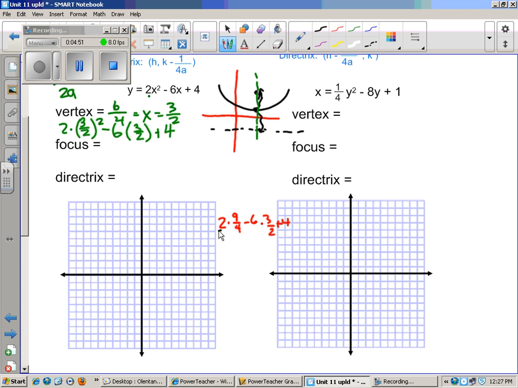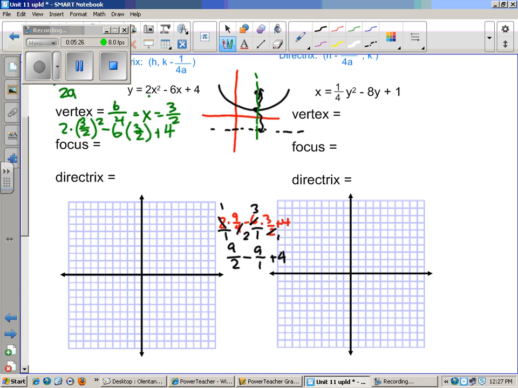I'm going to reduce this because 2 and 4 both have a 2 in common, so I'm going to divide out a 2 from there and from there. So 1 times 9 is 9, and 1 times 2 is 2. So this becomes 9 over 2 minus, and the 6 and the 2 can also reduce. 2 goes into 2 once, and 2 goes into 6 3 times. So 3 times 3 is 9, and 1 times 1 is 1, plus 4.